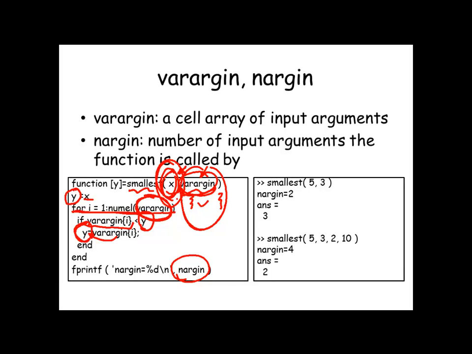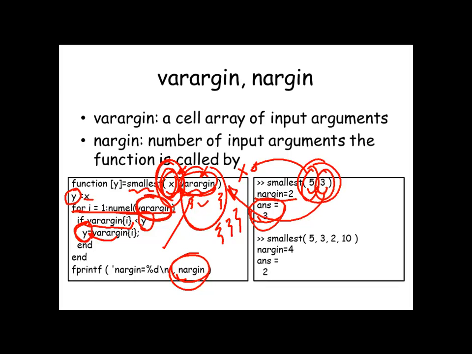On the right, we see some example calls to this function. In the first example, we have provided 5 and 3. 5 will be copied into the x variable in the smallest function, and the number 3 will be copied into varargin, where varargin will be a cell array containing a single value 3. As a result of this function call, nargin will be printed as 2, and the answer, which will be the smallest of all of the inputs calculated by this function, will be 3.